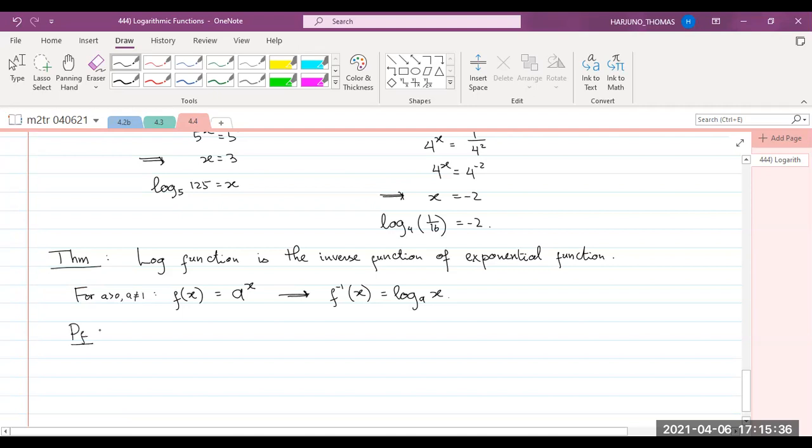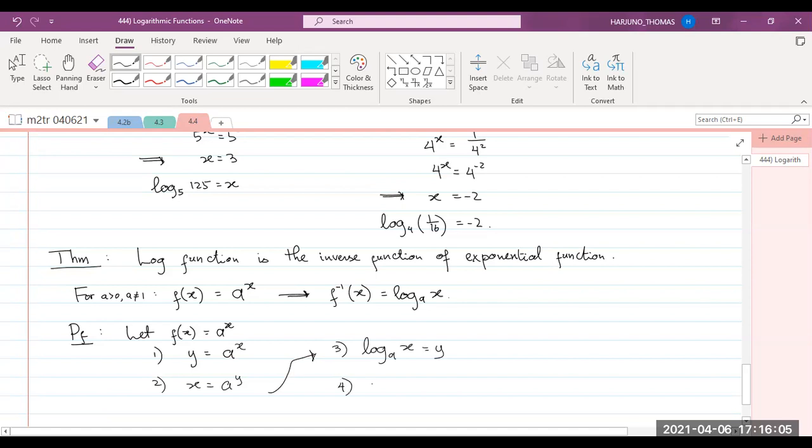Proof. I do it again because this is how important it is. Let f(x) equal a to the x. Step 1, to find the inverse, replace f(x) by y. Step 2, you swap x and y. Step 3, you change into log form: log base a of x equals y.